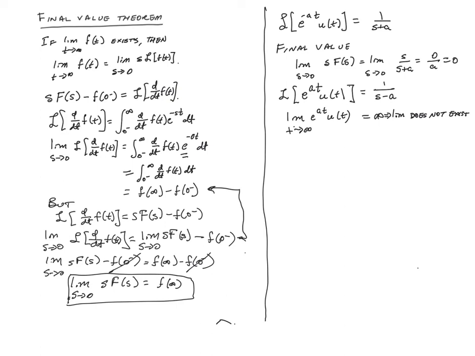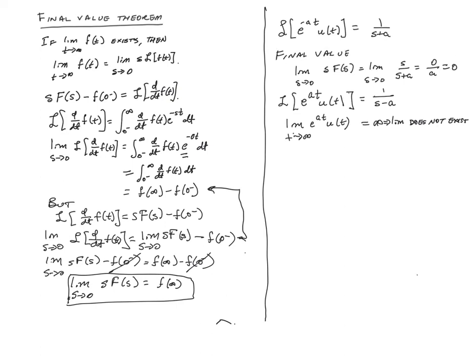So when we apply it, we'll have the limit as t goes to infinity of L of e to the at u of t equal to the limit as s goes to 0 of s over s minus a. And then when we do this, we're going to have 0 over minus a, and that's 0.